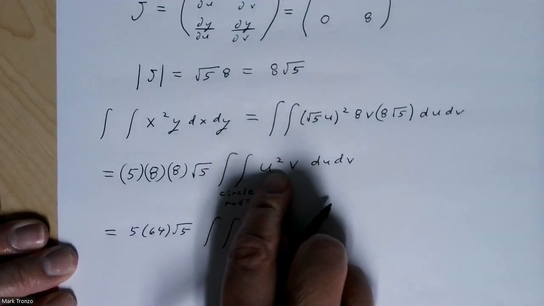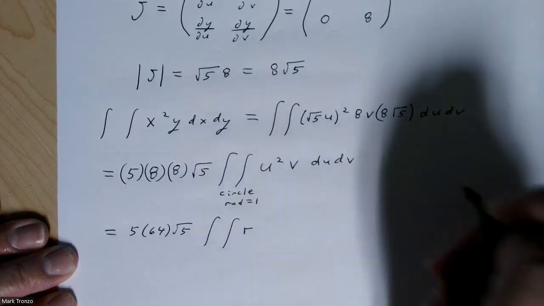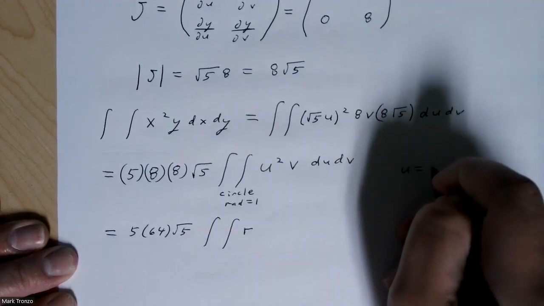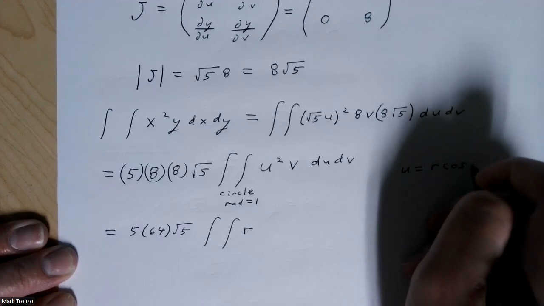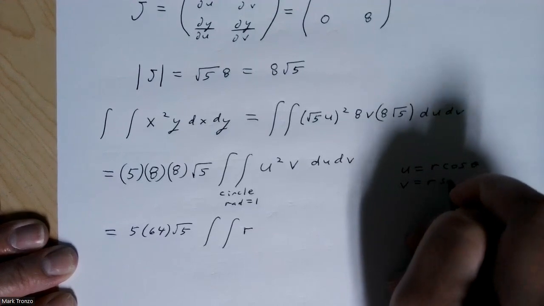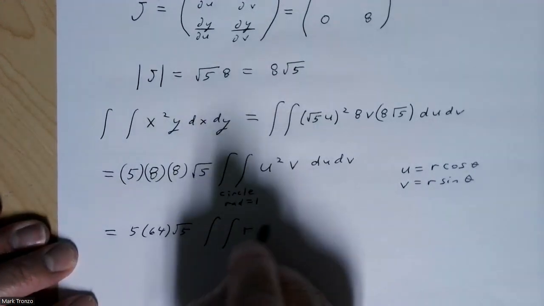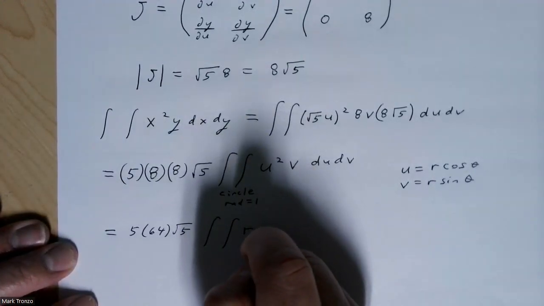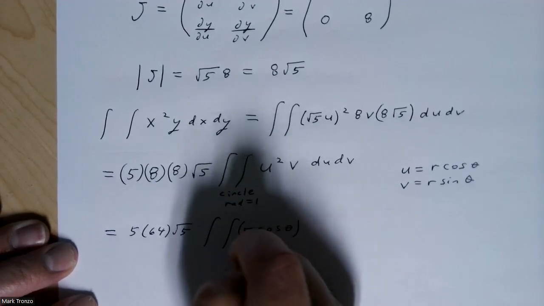And so again, remember for polar, let's maybe make u equal to r cos theta, and v is r sine theta. And you could do them the other way around as long as you're consistent. That would be fine. And then this is going to be r cos theta squared.